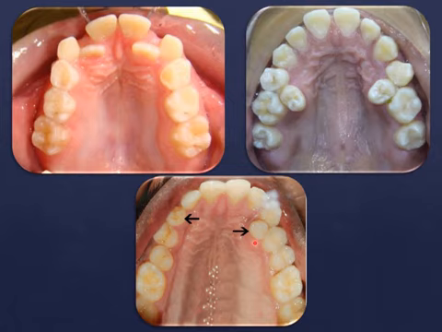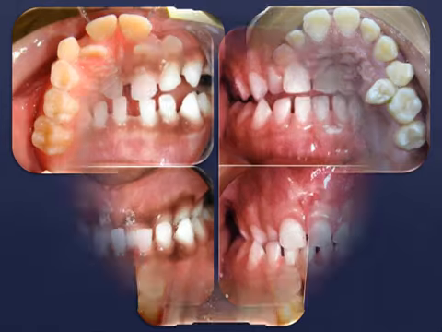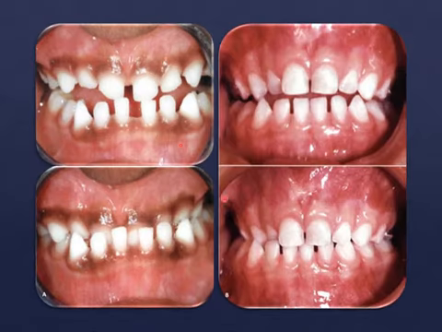In this case, you can notice a supernumerary tooth is positioned into crossbite position. And the premature occlusal contact, either anteriorly or posteriorly, can lead to development of functional anterior crossbite or functional posterior crossbite.